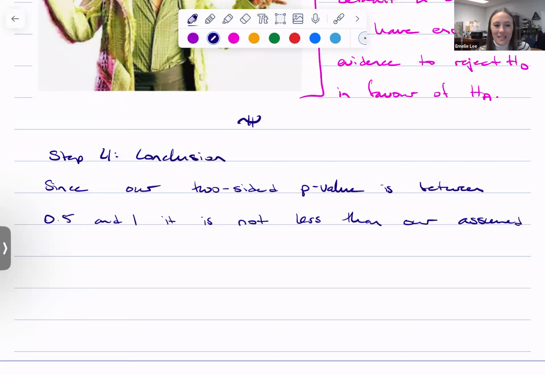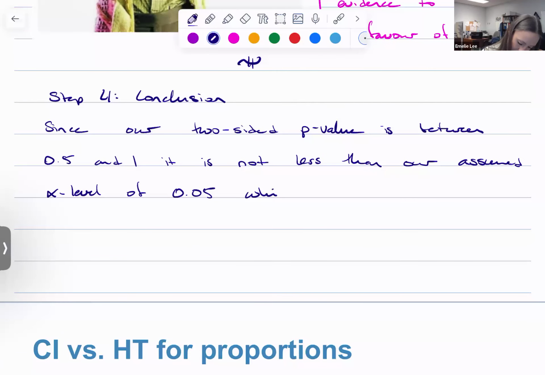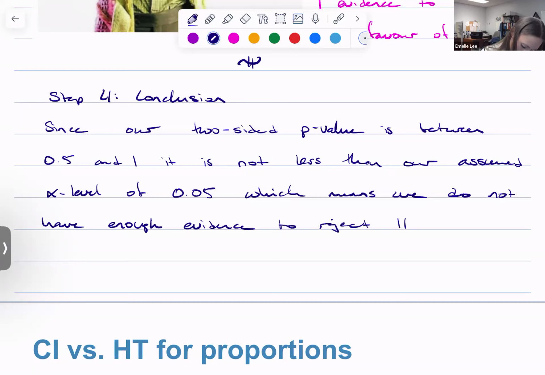It's not less than our assumed alpha level of 0.05, which means we do not have enough evidence to reject H naught. If I'm not rejecting it, then I don't need to bring HA into this, right?